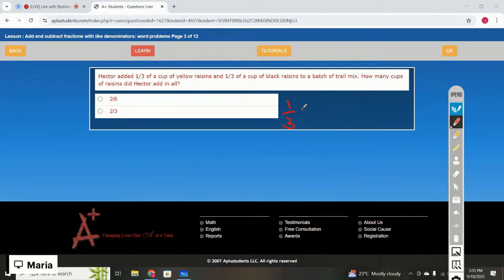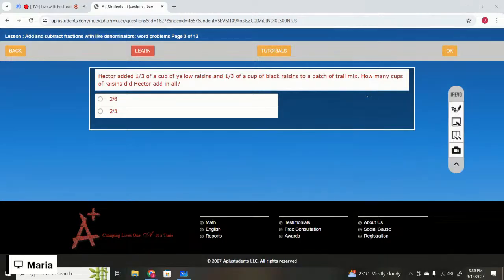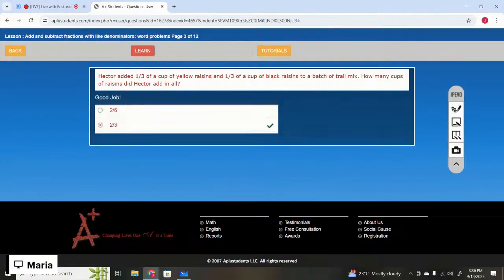How many cups of raisins did Hector add in all? 1/3 plus 1/3 is 2/3. Option number 2 is the correct option.